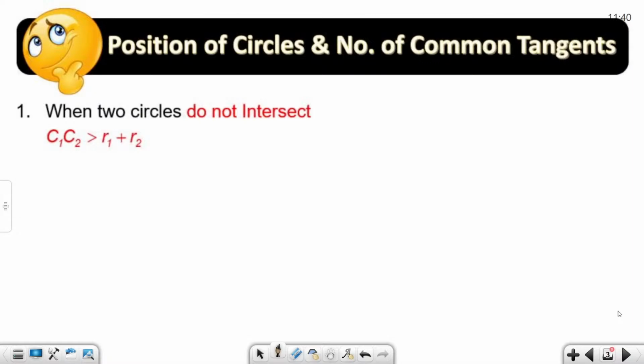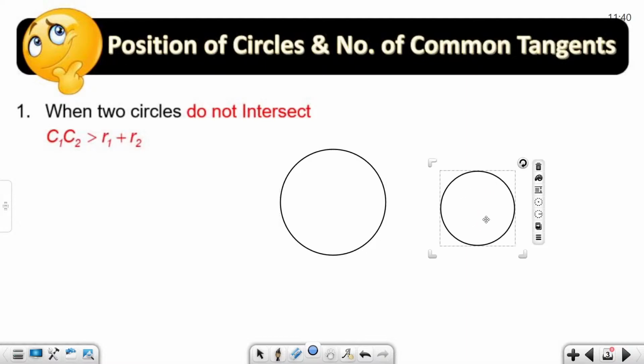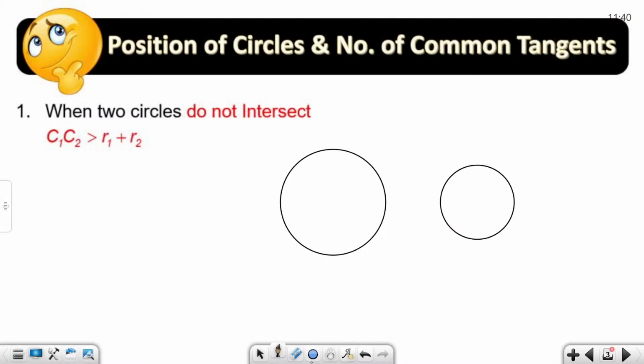See, position of two circles and number of common tangents is what we will learn first. Let us take two circles. One is of radius r1 and another one is of radius r2.